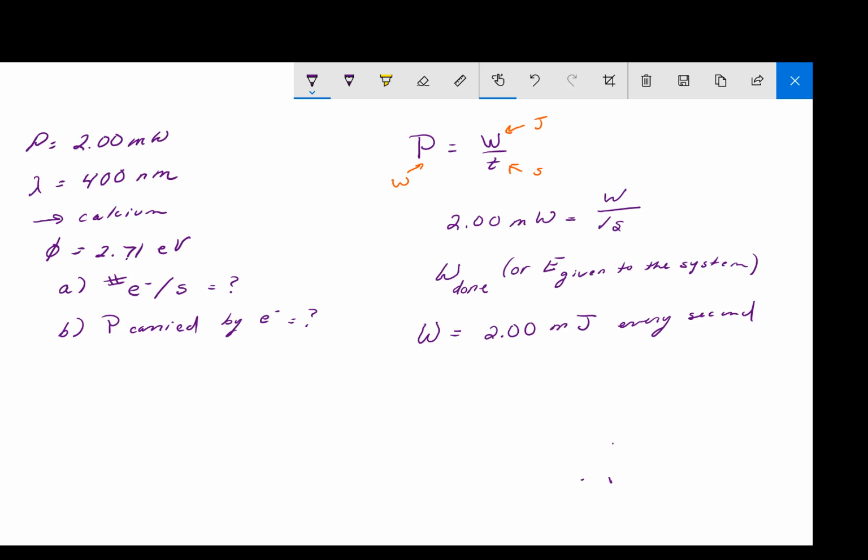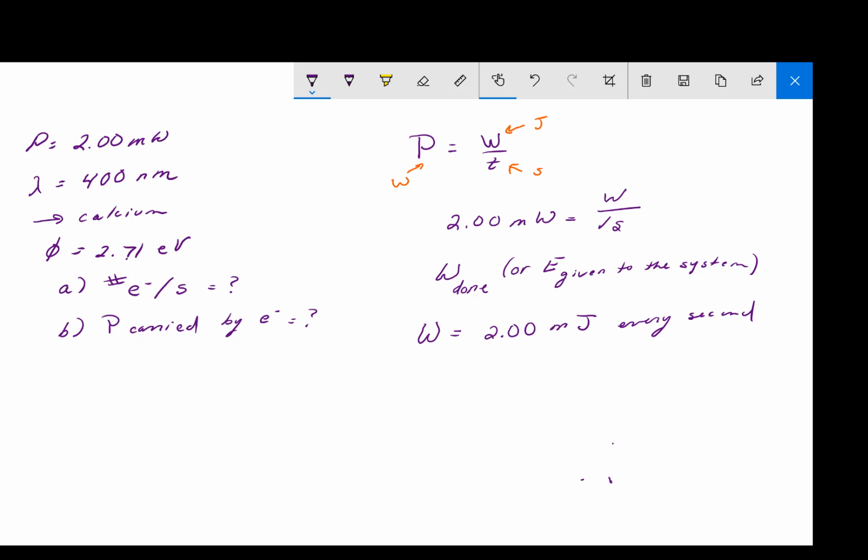Why are we looking for work done? Well, the work done is getting the electrons out of the metal, the photoelectric effect. And for every photon that hits the metal, we have 1 electron eliminated. So the work given to the system by the photons is going to correlate to the electrons coming out.